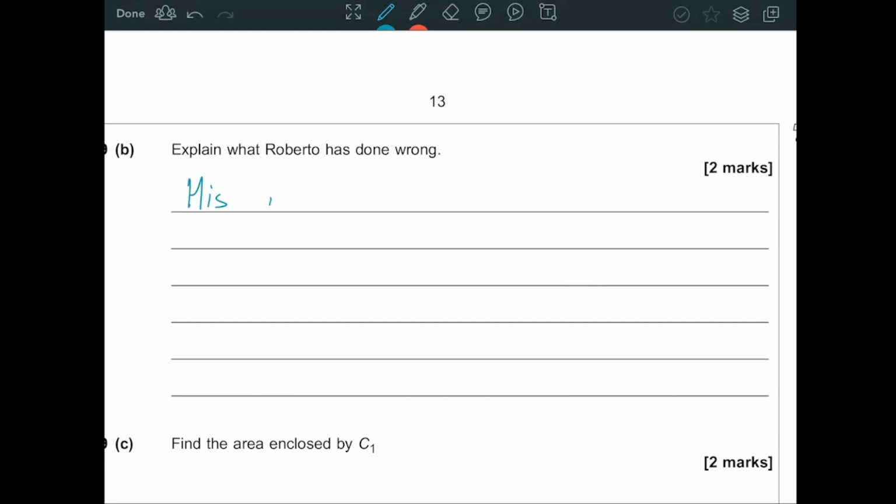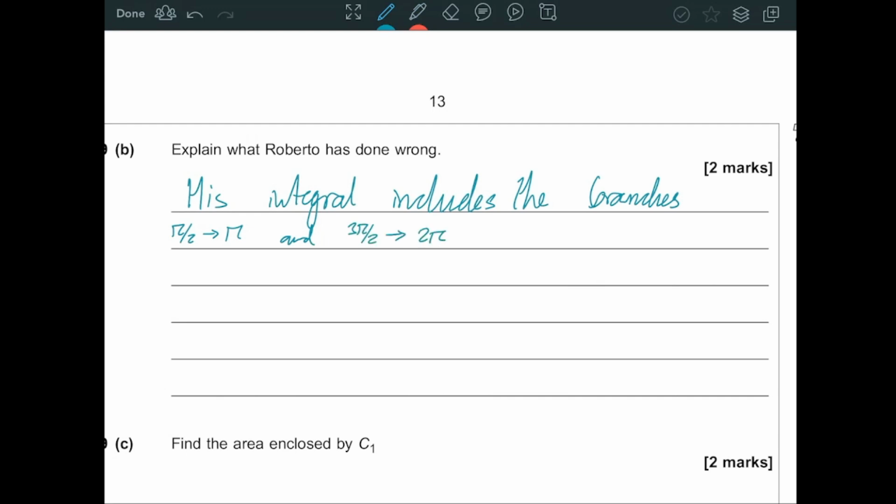So his integral includes the branches from pi by 2 to pi and 3 pi by 2 to 2 pi, which give r squared is negative and don't exist on the curve.